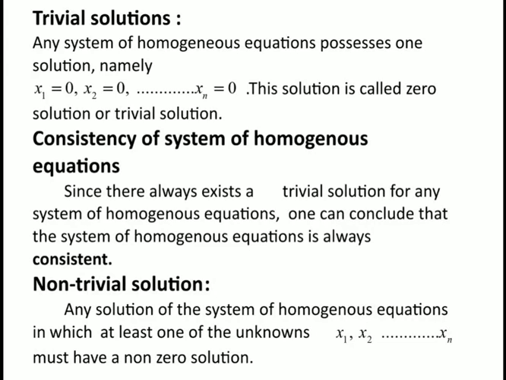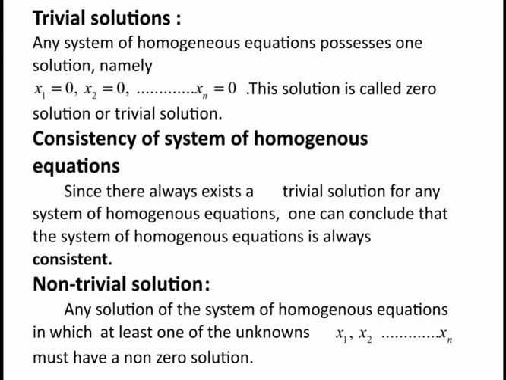Means if the RHS is equal to 0, one of its solutions is definitely all the variables equal to 0. If all the variables are equal to 0, then definitely the RHS is equal to 0. Therefore, every homogeneous system possesses one solution, namely x1, x2 etc. up to xn is equal to 0.